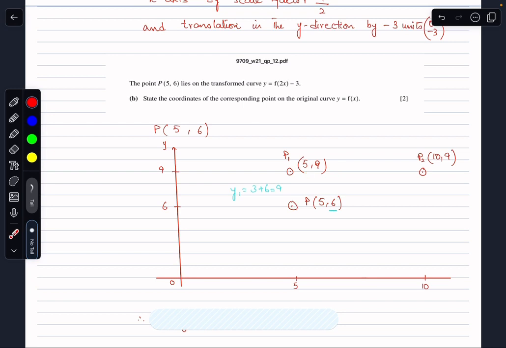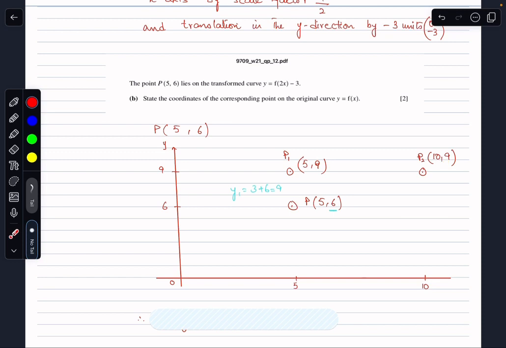That means initially this 5 was a multiple of 2. Therefore, it's 2 times 5, giving me a 10. Therefore, initially it was the point which was at 10, 9.